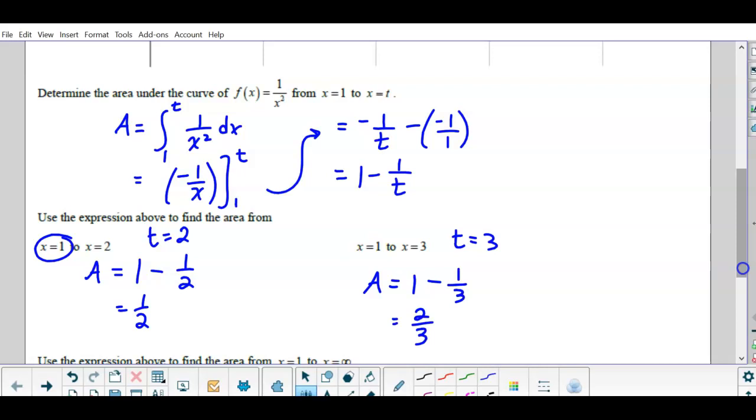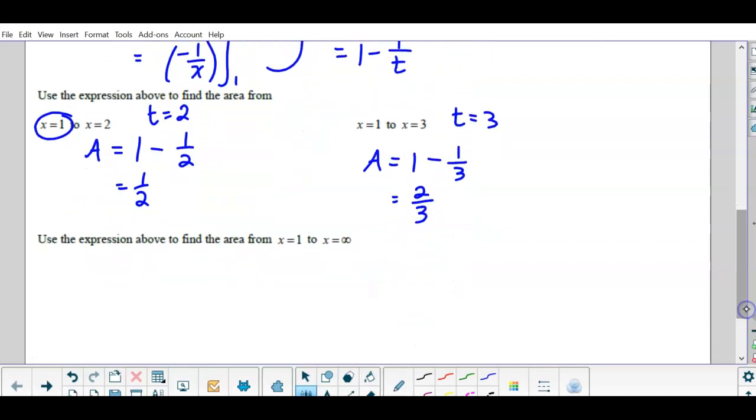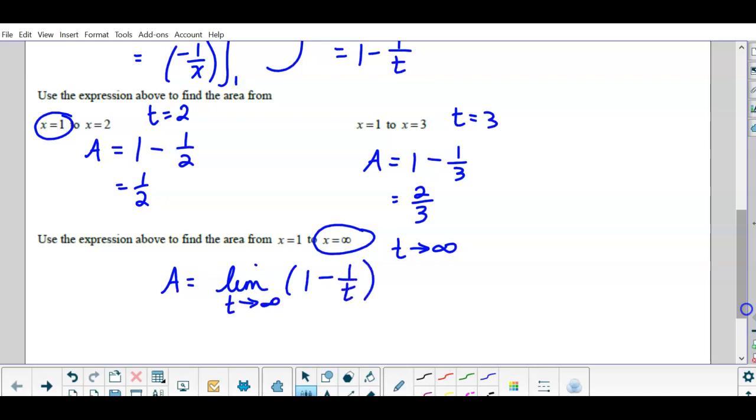Now what happens as t goes to infinity? On a graph, we're really using t for our limit rather than infinity, which is proper form. So t is approaching infinity. The area will be the limit as t approaches infinity of 1 minus 1 over t. 1 is constant.